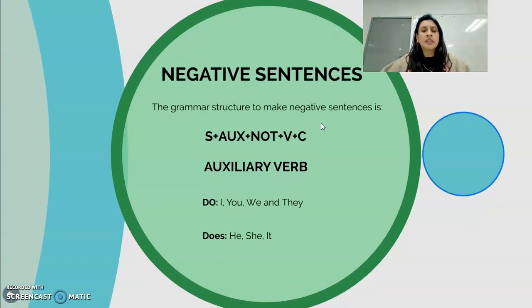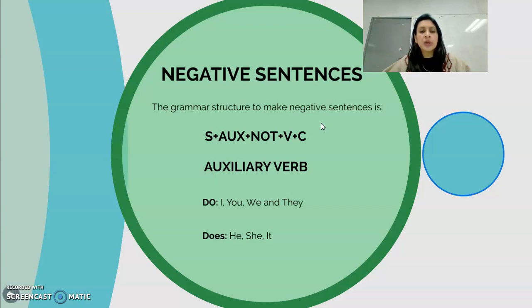We have the second kind of sentence, the negative sentence. The grammar structure to make a negative sentence is the subject plus the auxiliary verb plus the negation plus the verb and the complement. In the simple present, we have two auxiliary verbs, do and does.